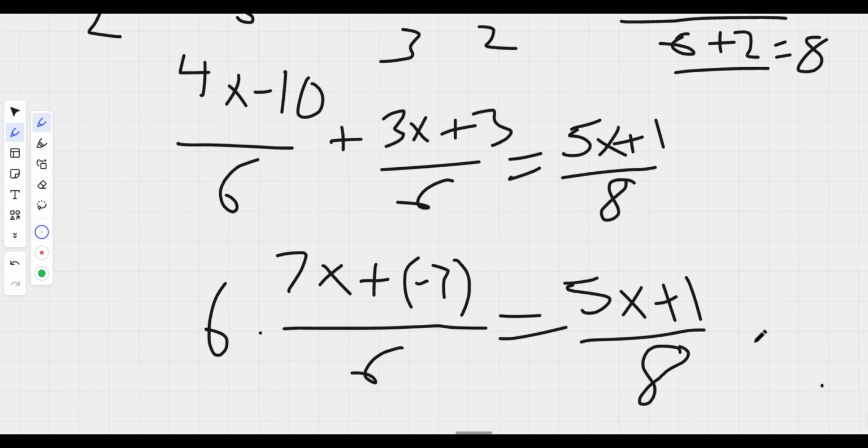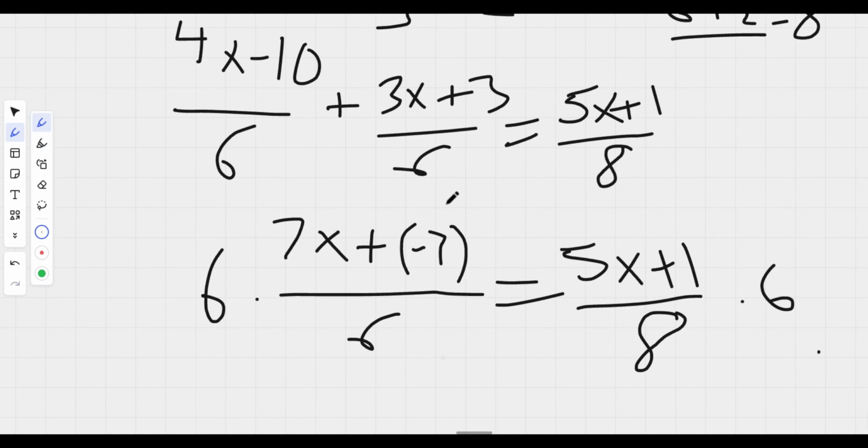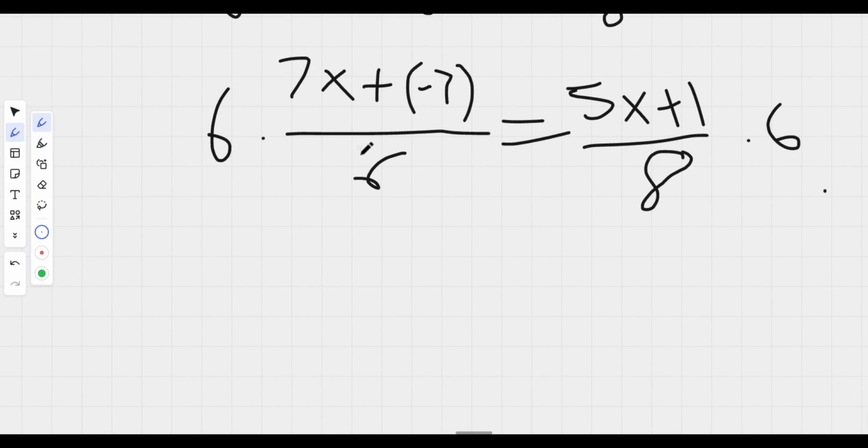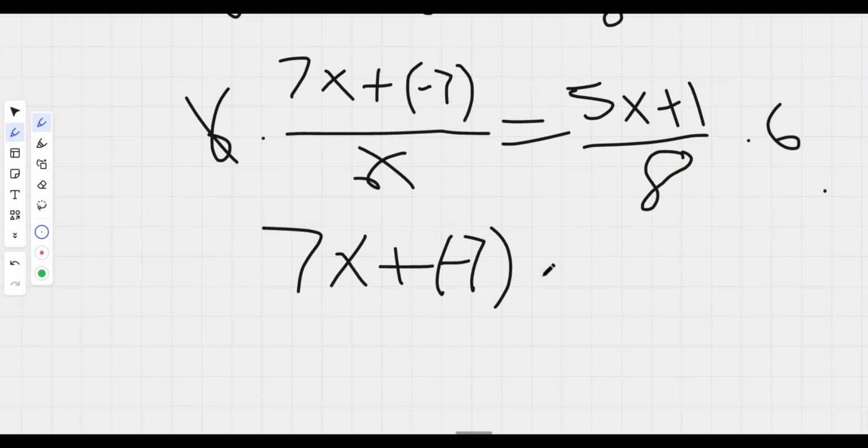So we've multiplied both sides by 6. This will cancel out that 6 and this 6, giving us 7x plus negative 7 is equal to 6 times 5x, which is 30x, and 1 times 6 is 6, and this is still going to be over 8.